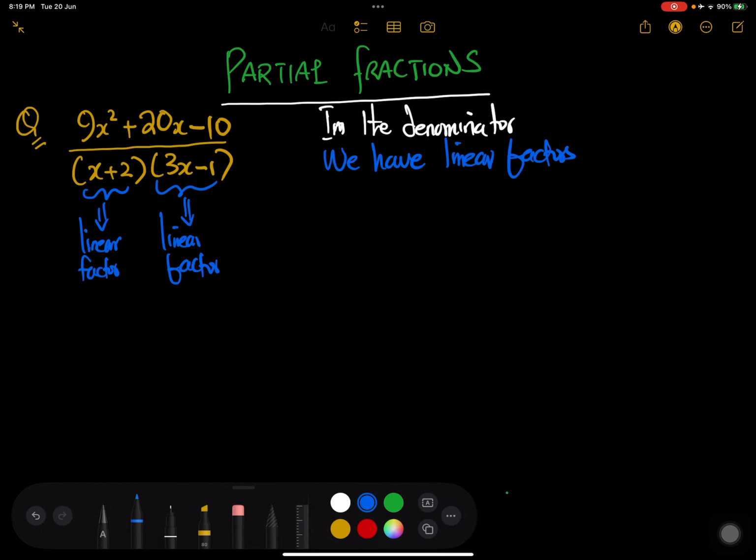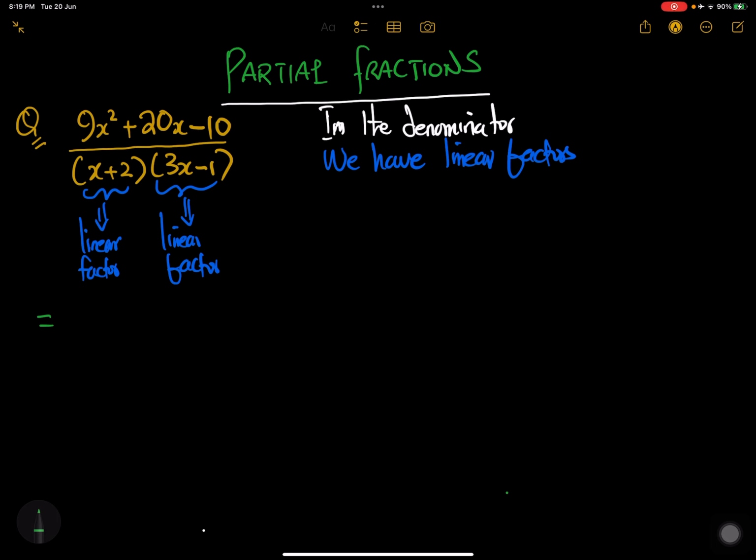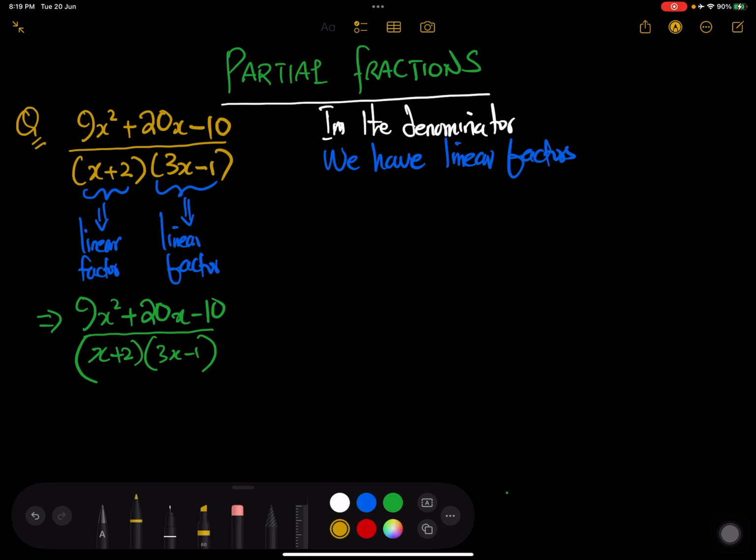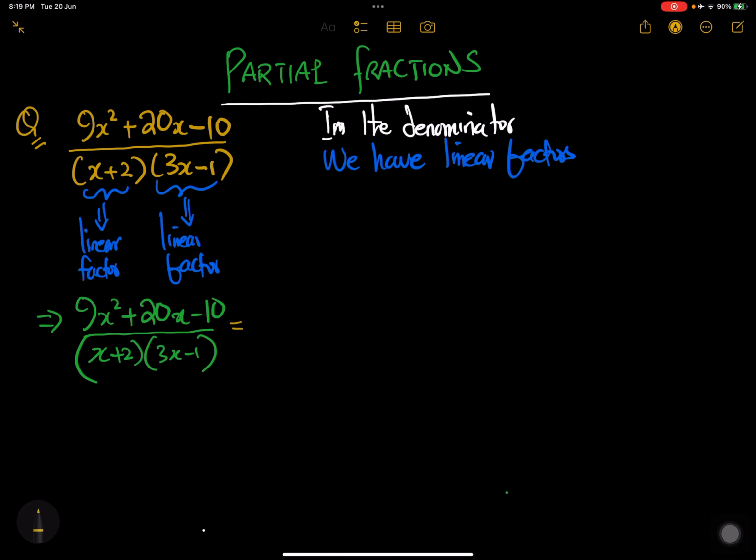To solve this problem, if you remember, we have to introduce the equal sign. We're going to have 9x squared plus 20x minus 10, divided by x plus 2 and 3x minus 1 as the factors. The moment we have linear factors in the denominator, we introduce a constant for each linear factor.